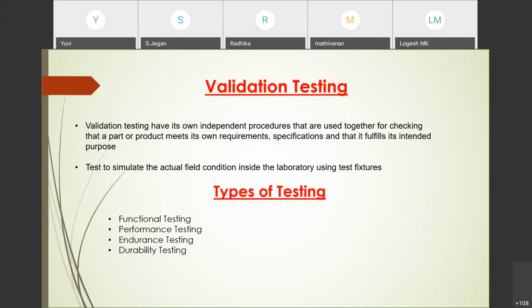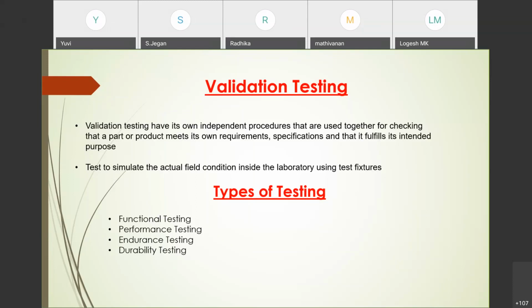Using those data, we will create the test fixture where we can simulate the actual field condition inside the laboratory. Here is where the automation team comes into the picture. We have many automation sub-suppliers who can help us develop the test fixture based on our requirement.